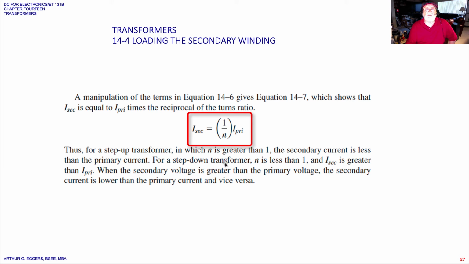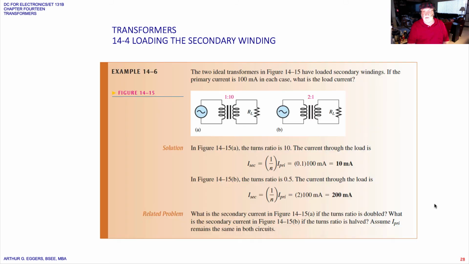For a step-down transformer, N is less than 1 and the secondary current is greater than the primary current. When the secondary voltage is greater than the primary voltage, the secondary current is lower than the primary current, and vice versa. So in this example, we have two ideal transformers and they have loaded secondary windings. If the primary current is 100 milliamps in each case, what is the load current?